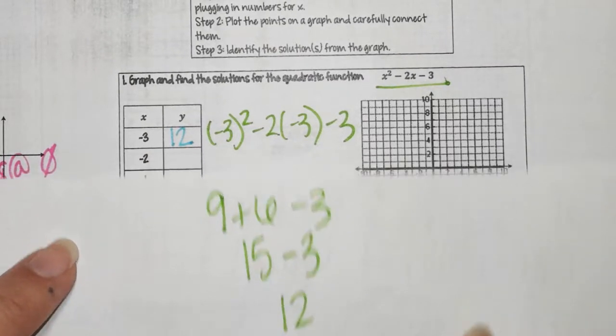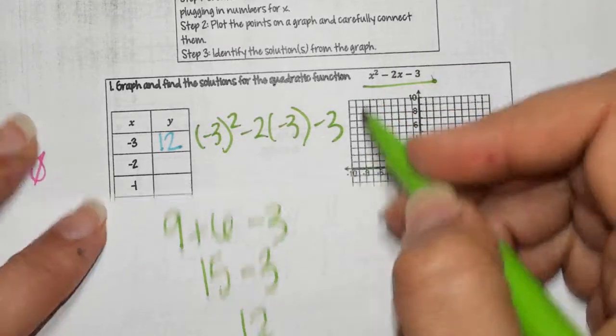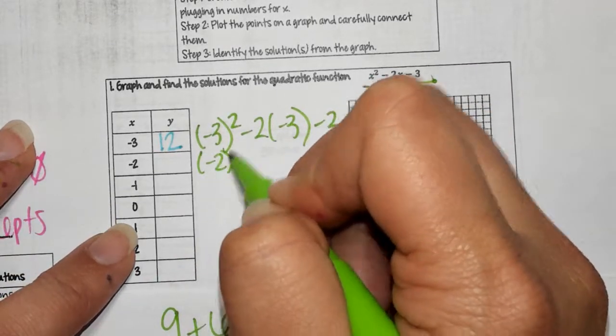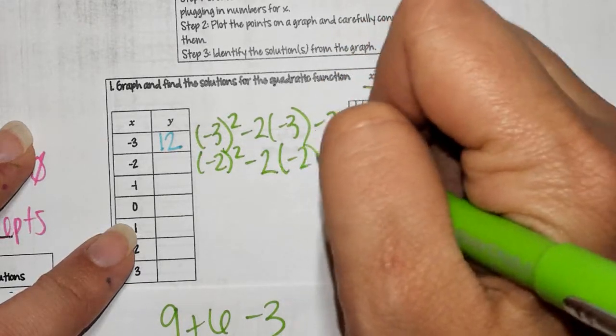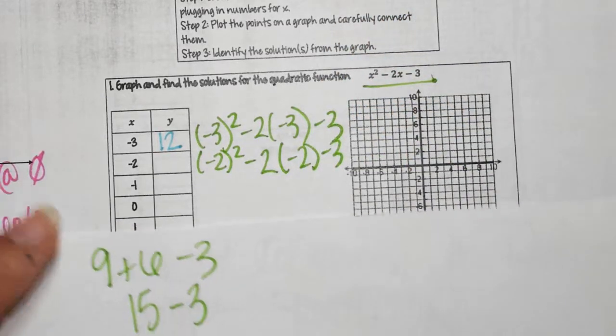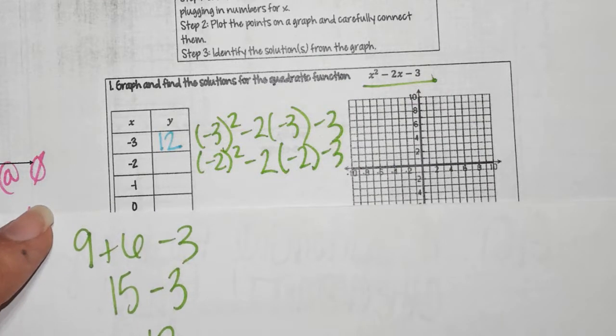All right, so for -2, we have -2 squared minus 2 times -2 minus 3.